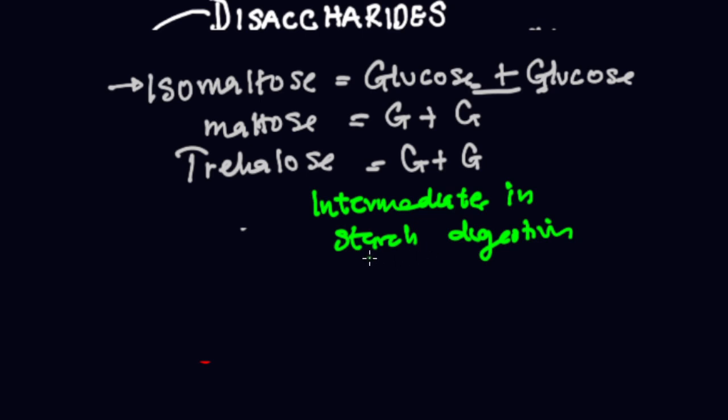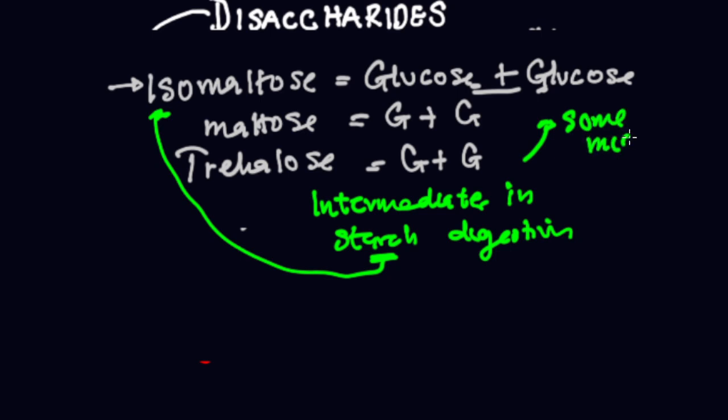Once your body is metabolizing starch, you're going to have isomaltose. So isomaltose is an intermediate, that is, it is formed in between starch digestion, and also to some extent in some microorganisms.